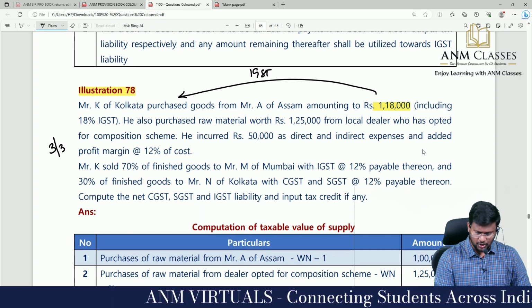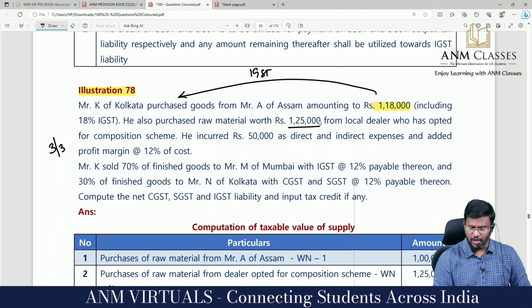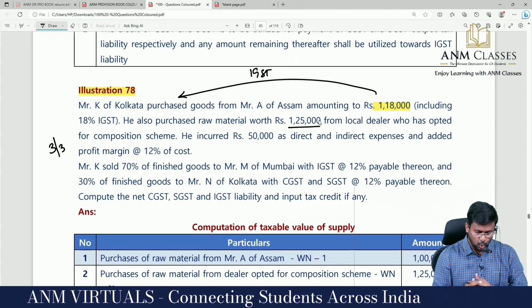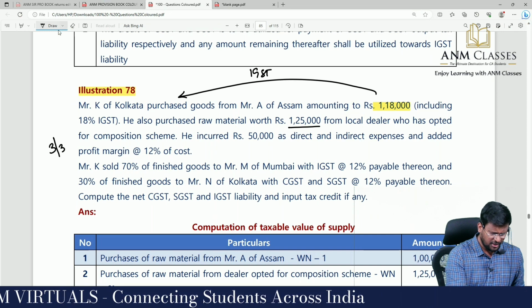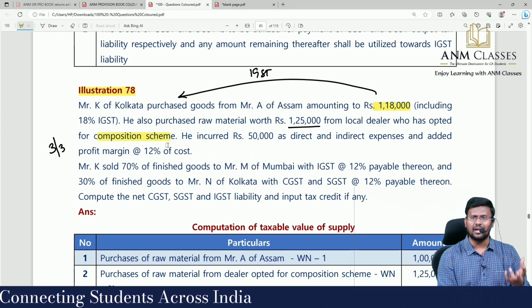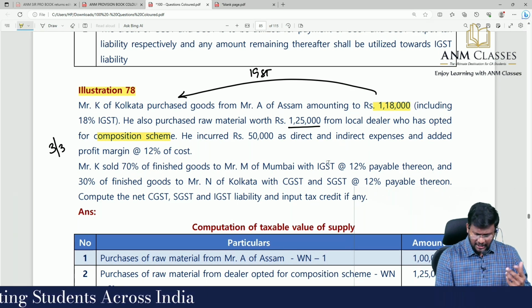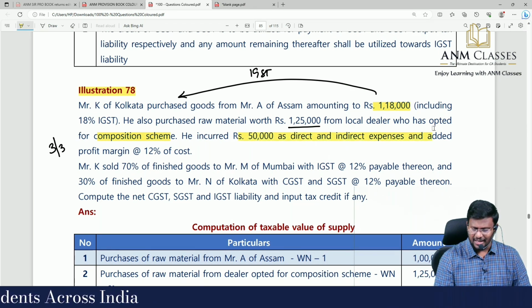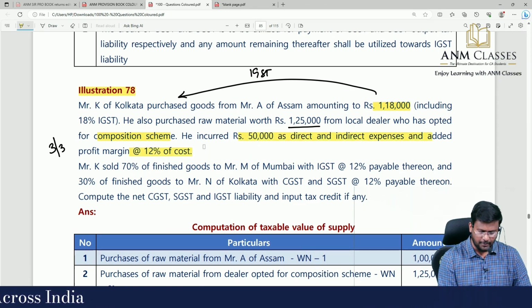He also purchased raw material worth rupees 1,25,000 from a local dealer who has opted for a composition scheme. There is no question of ITC at all because a composition dealer would not have collected anything. He incurred 50,000 as direct and indirect expense and attached profit margin of 12% of cost.